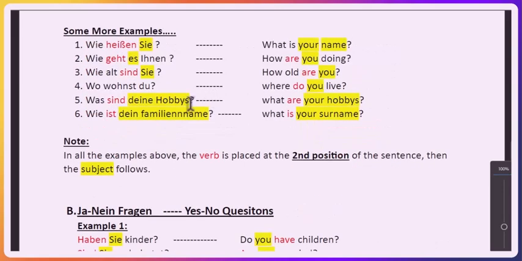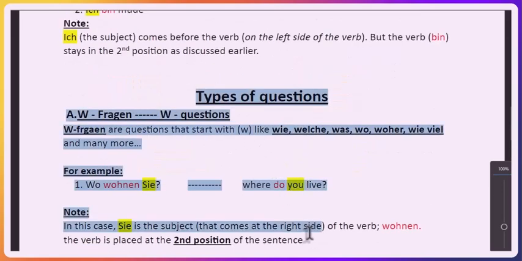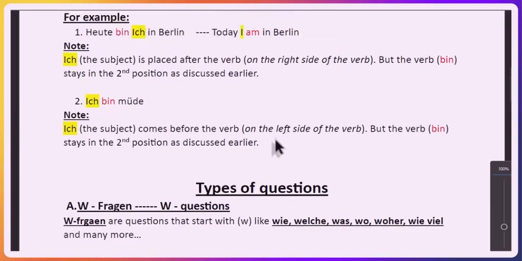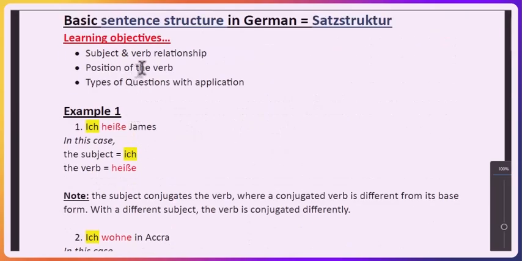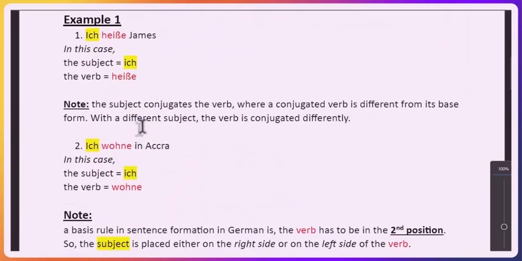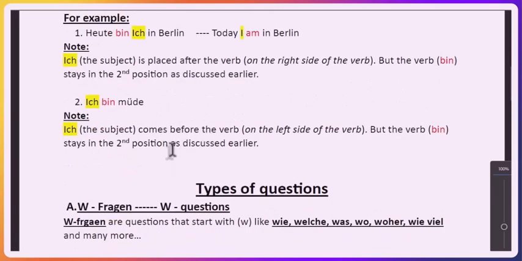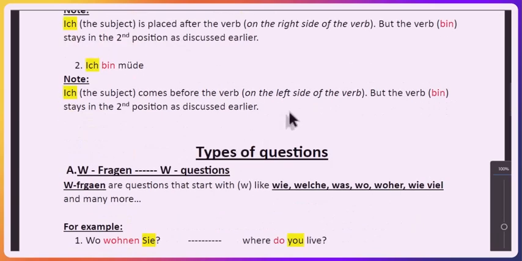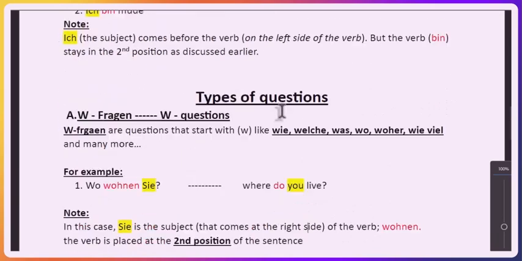So these are the question types: W questions and yes or no questions. They are not like general sentences. I couldn't get many examples but I'll work on it.